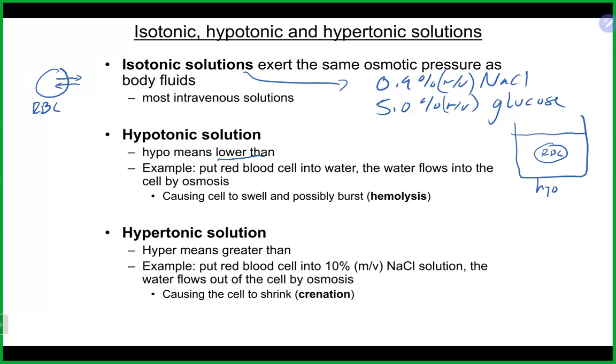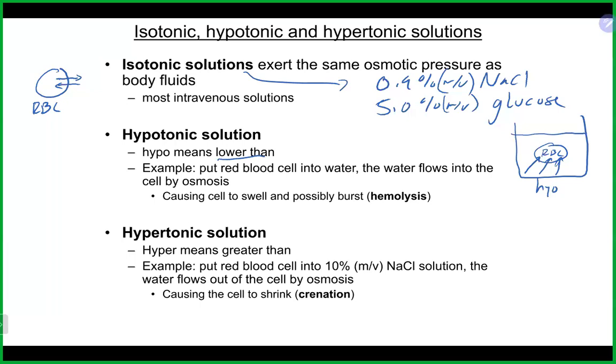By osmosis, the outside goes, I need to go into the cell to dilute it down. I've got to send everybody into the cell, which, if you imagine a balloon, is going to start to swell, and could burst, which is known as hemolysis, which is probably not a great thing, I imagine.